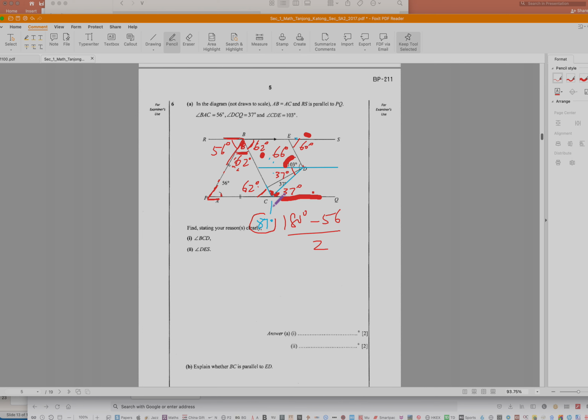Can you use 180 minus this? Or 81? 81 or 87? 81, okay, good, thanks. So this one is 81, right? Okay, 81.